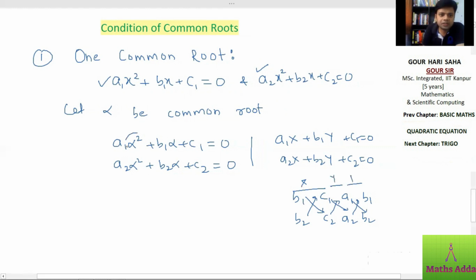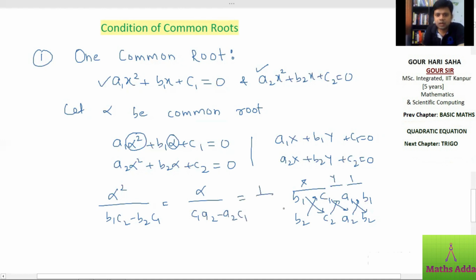I see in place of x it is alpha square, in place of y it is alpha. So, it will be alpha square by (b1 c2 minus b2 c1), alpha by (c1 a2 minus a1 c2), and then 1 by (a1 b2 minus a2 b1), right.